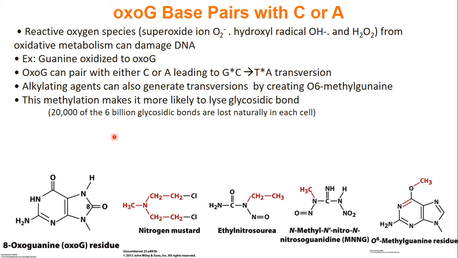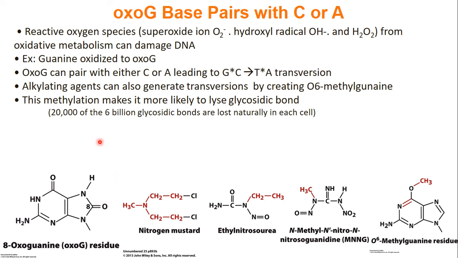And oxoguanine can now pair with A. So it doesn't just have to pair with C. And if it pairs with A and it isn't caught, then you'll have a mutation where you used to have a G and C, now it's an AT. So that's one way reactive oxygen species can harm your DNA.